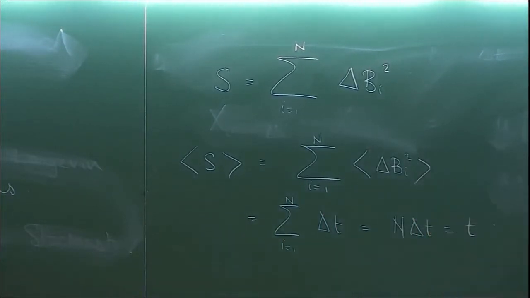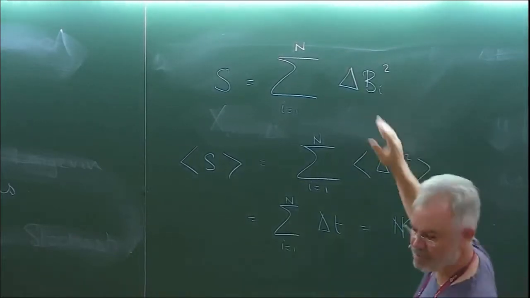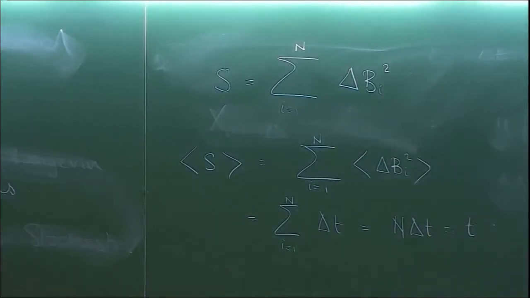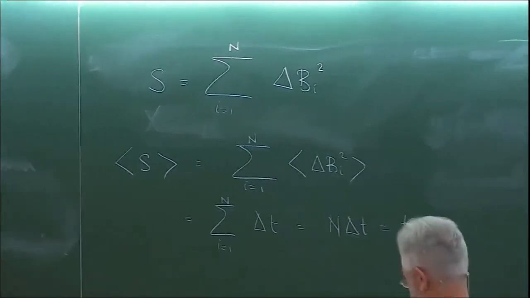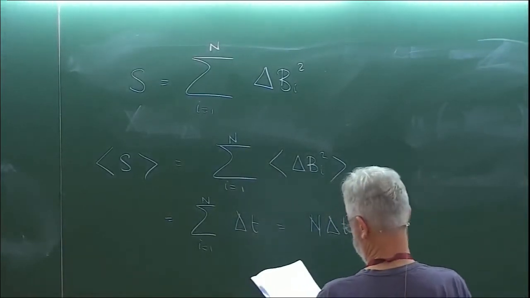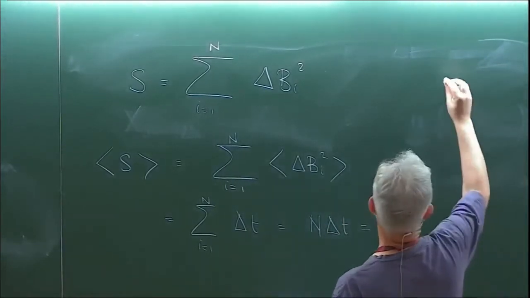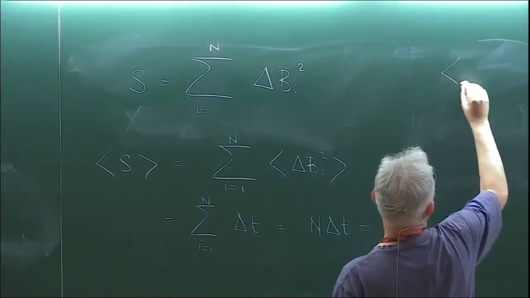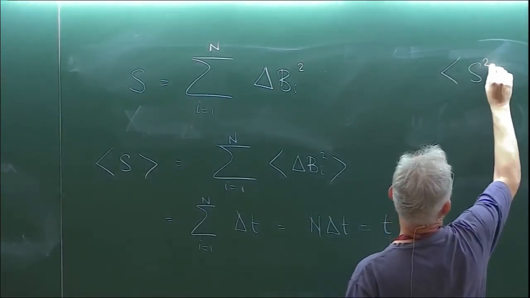Okay, so what I want is for this sum to become some sort of integral. I want this to start looking like an integral, okay? So the average value of S is equal to that, so that's fine. Now let me compute its variance. So let me look at S squared.